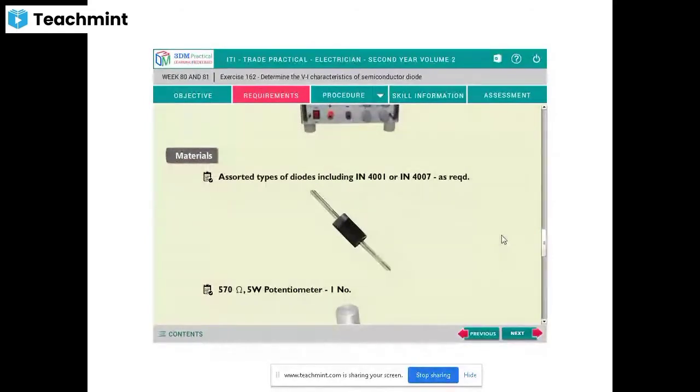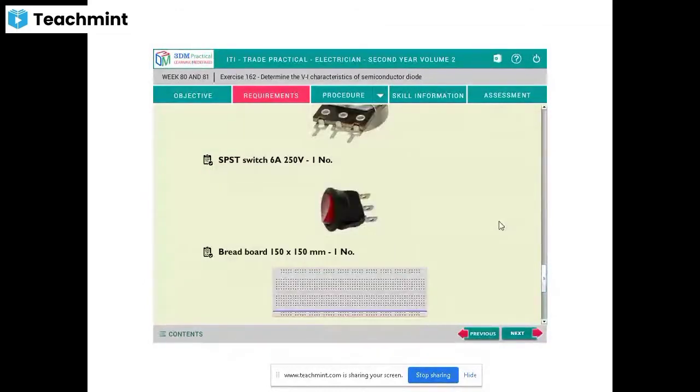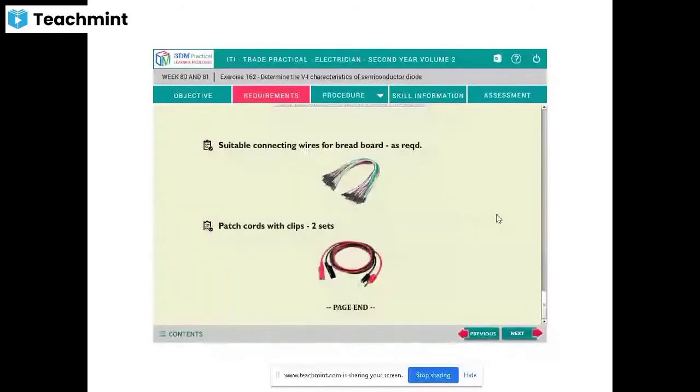Material: assorted types of diode including 1N4001 or 1N4007 as required, 570 ohm 5 watt potentiometer, that is your variable resistor 1 number, SPST switch 6 ampere 250 volt 1 number, breadboard 150 into 150 mm 1 number, suitable connecting wires for breadboard as required, and patch cords with a clip 2 sets. So students, these are the basic requirements.